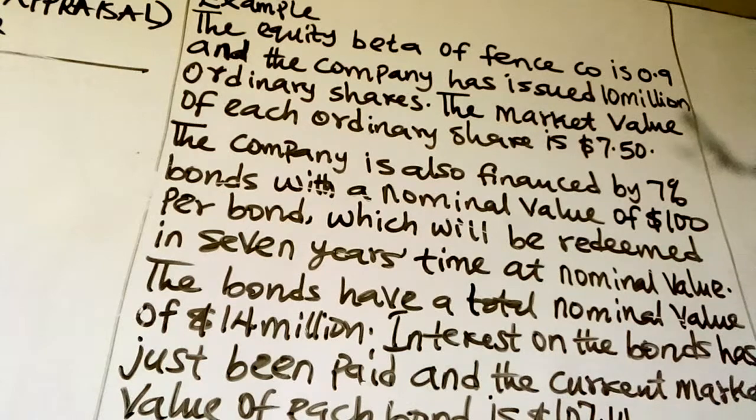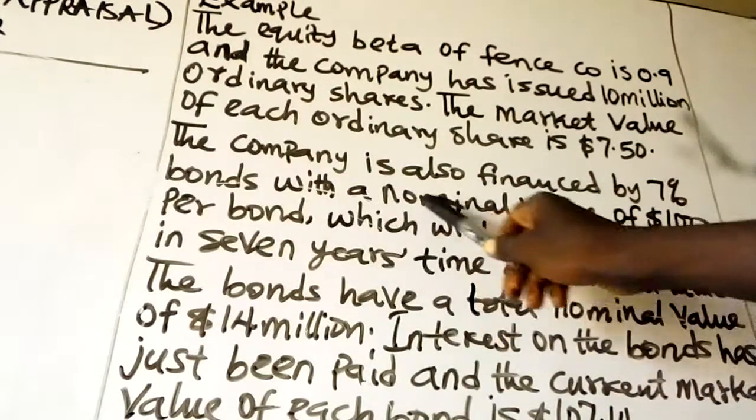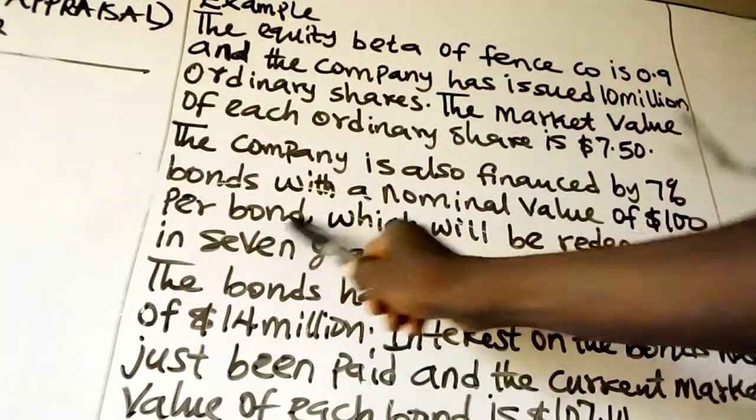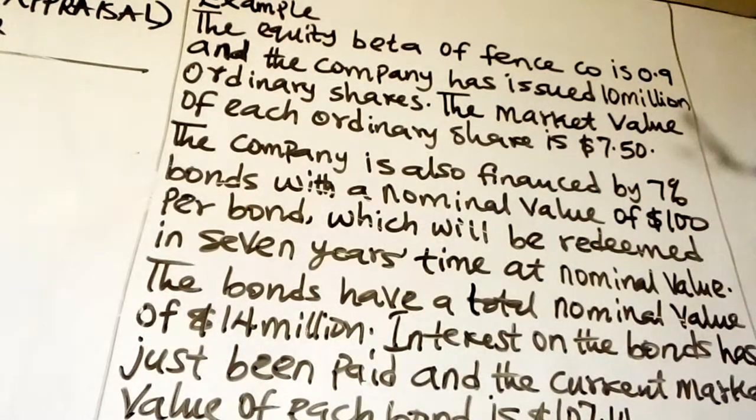The company is also financed by 7% bonds with a nominal value of $100 per bond, which will be redeemed in 7 years' time. That means it is a redeemable bond. Since this is a redeemable bond, I've told you that to estimate the cost of a redeemable bond, you are going to make use of the internal rate of return, IRR.